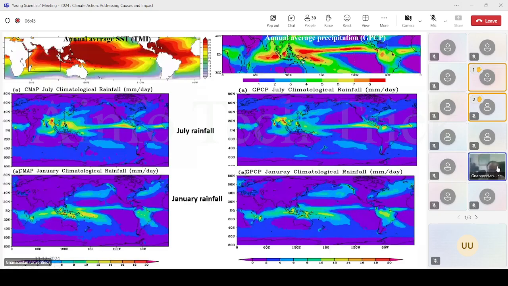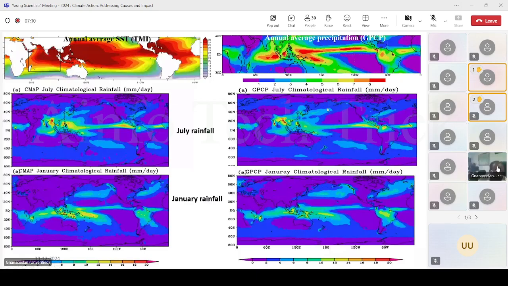You can see high precipitation over the warm tropical oceans, and this is the CMAP July precipitation, and the bottom is the January precipitation. So you can see the patterns, and it's seen in GPCP as well. They are all similar.